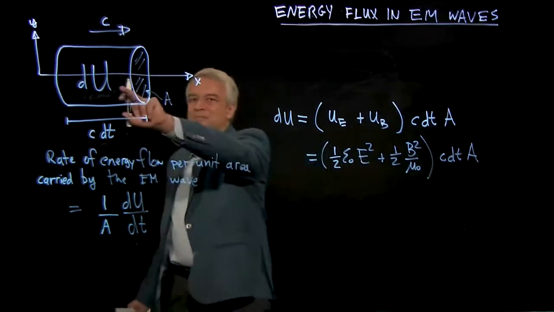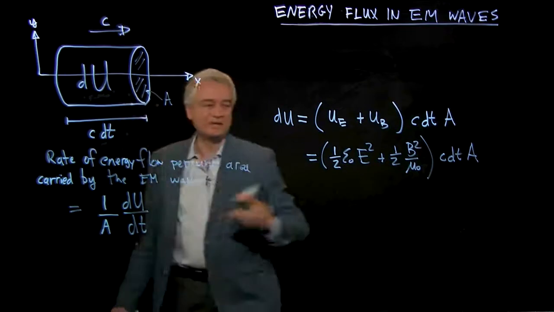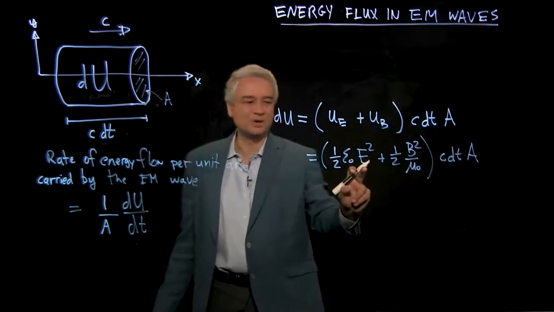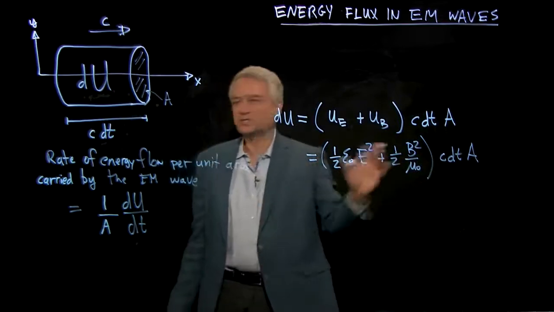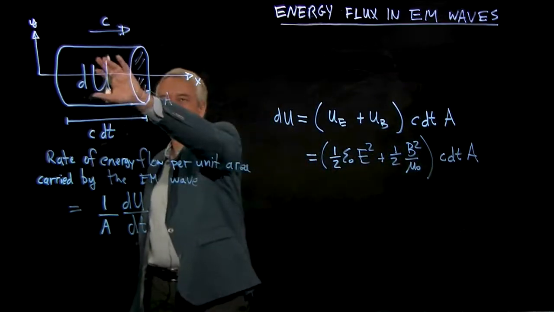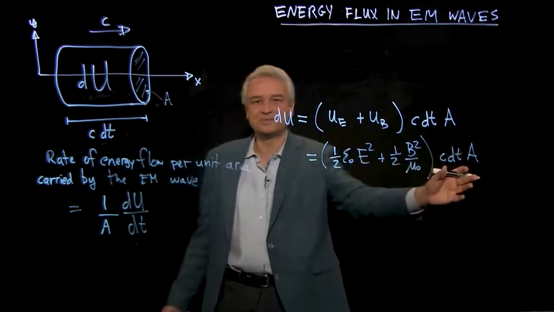I have some electric and magnetic fields in here. Their energy density goes like E squared for the electric energy density, B squared for the magnetic energy density. So the total amount of energy in this cylinder is energy density times volume of the cylinder.